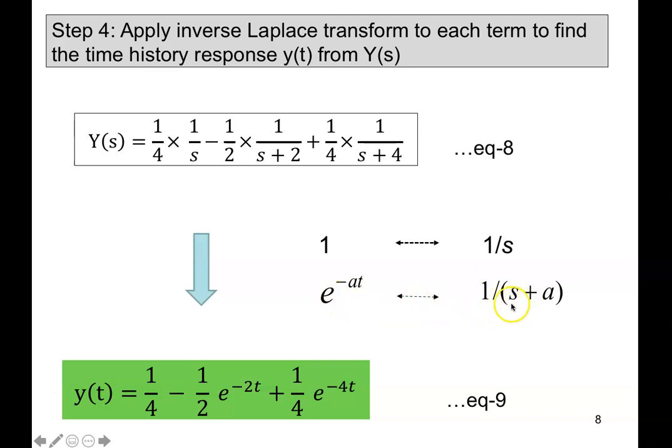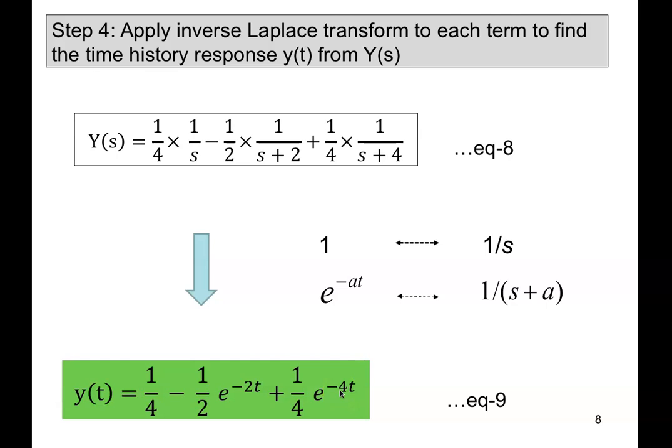This time, it's 1 over s plus a, where a is 4. So the corresponding time domain signal is e to the minus 4t. And I'm going to copy 1 over 4 down. So the whole thing becomes 1 over 4 minus 1 over 2 times e to the power of minus 2t plus 1 over 4 e to the minus 4t.